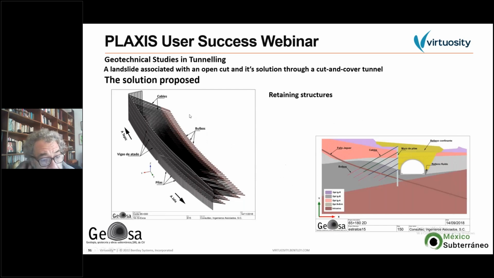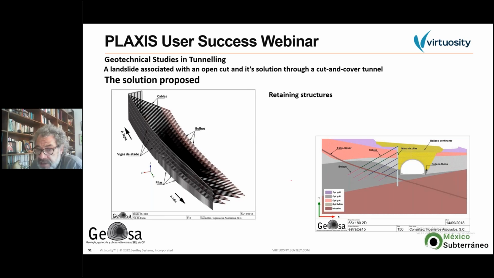In the 3D model, we put these anchors with cable elements and embedded beam piles in PLAXIS, and we put these beams to represent the union beams of the anchors, and we put these plate elements to represent the shotcrete of this excavation. Here's the picture of the two-dimensional model.